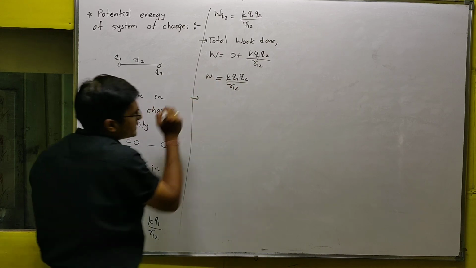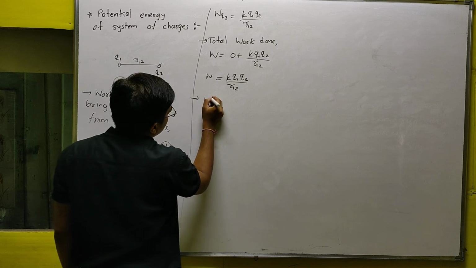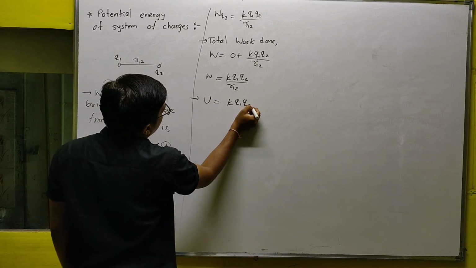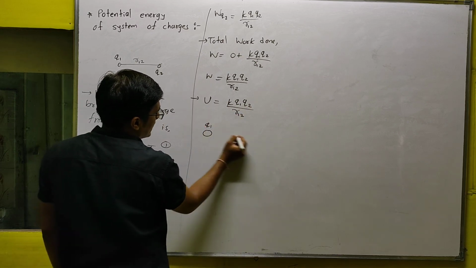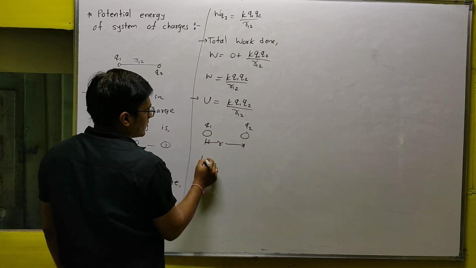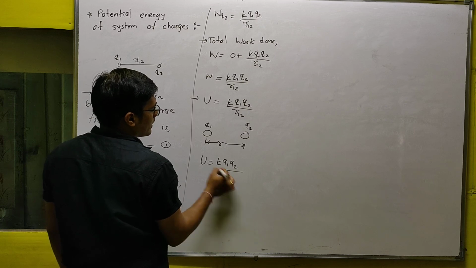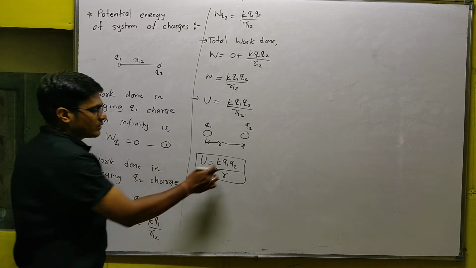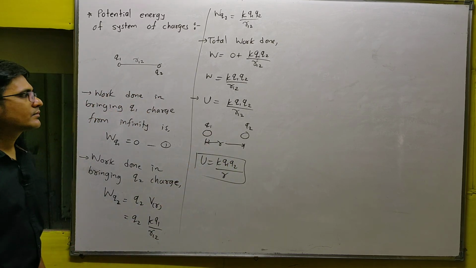This work gets stored as the potential energy of this system of two charges. So the potential energy of a system of two charges is k q1 q2 divided by r, where q1 and q2 are the magnitudes of the two charges and r is the distance between them.